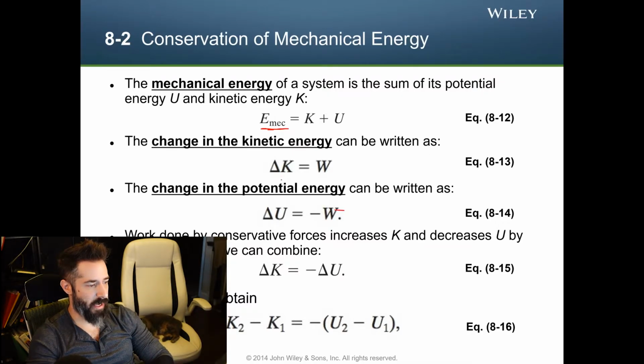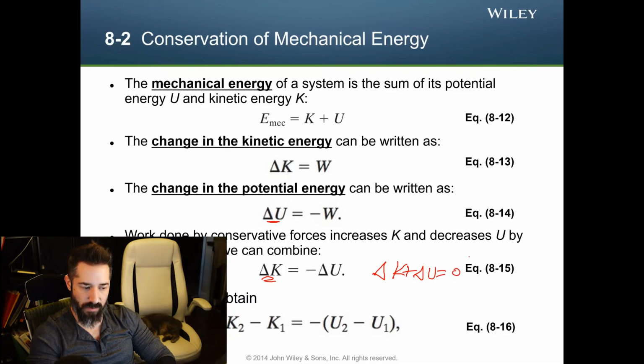So the change in the kinetic is then the work done. The change of the potential is then just the negative of the work. So the change in the kinetic must equal the negative change in the potential, right? Because again, these things are conservative. Therefore, change in kinetic plus change in potential must equal 0.